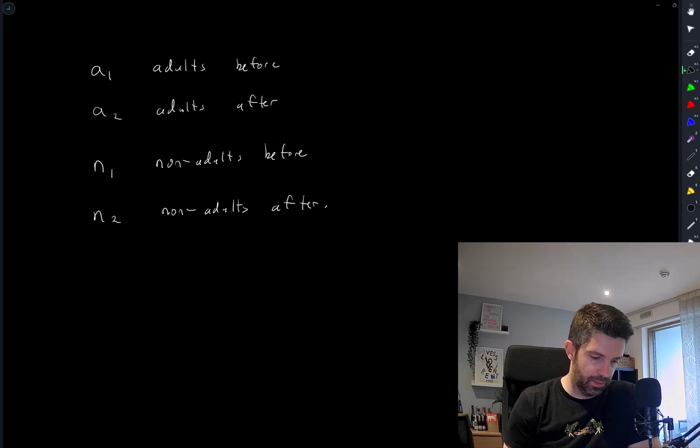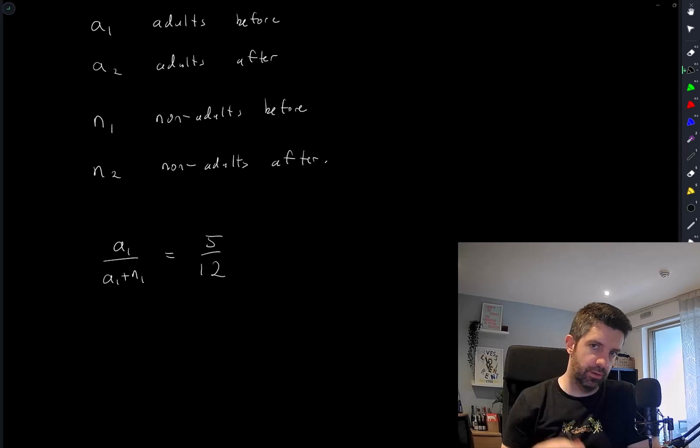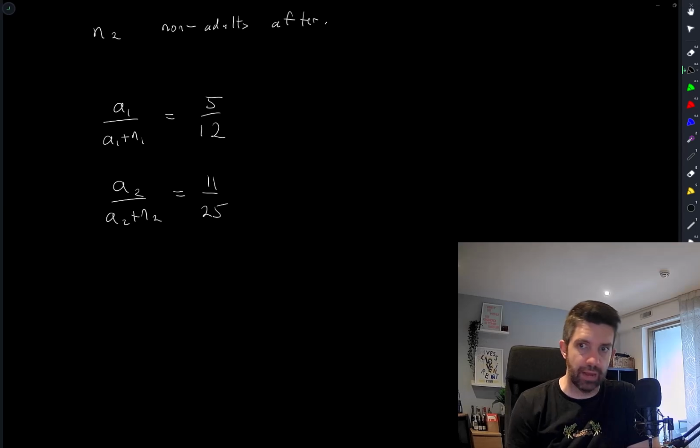So we know that A1 divided by A1 plus N1 is equal to 5/12. That's the proportion of adults before the bus arrives. And we know A2 over A2 plus N2 is 11/25. This is the proportion of adults afterwards.